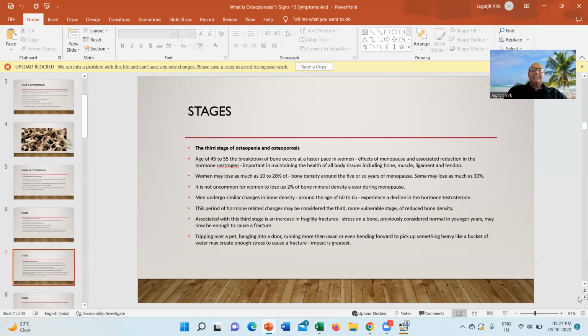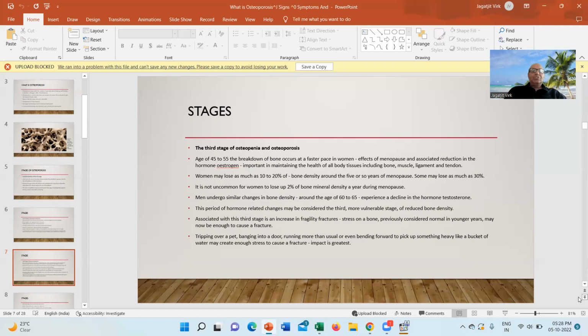It's important in maintaining the health of all body tissues, including bone. That's why estrogen is a very, very important hormone. The health of bone, muscle, ligaments, and tendons is all maintained by the hormone estrogen.